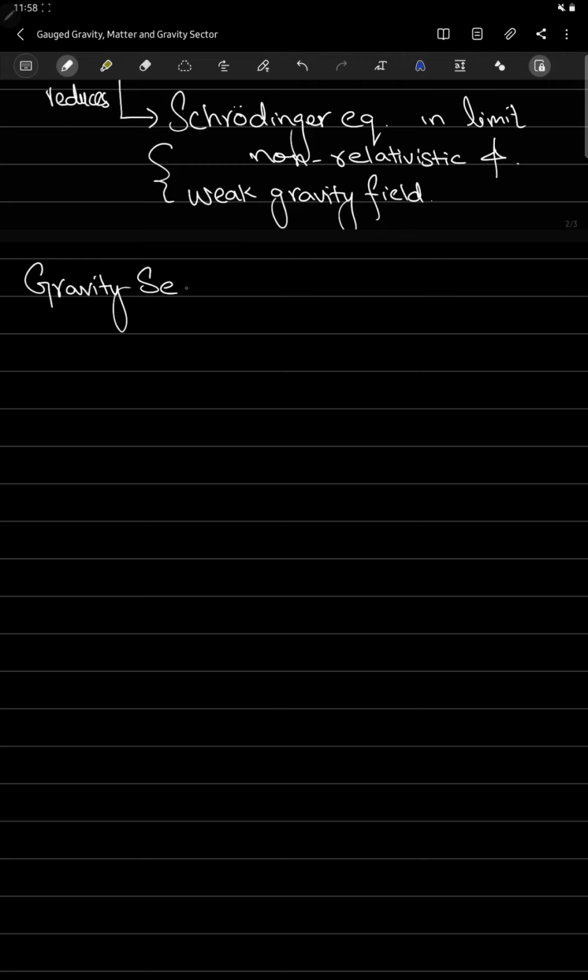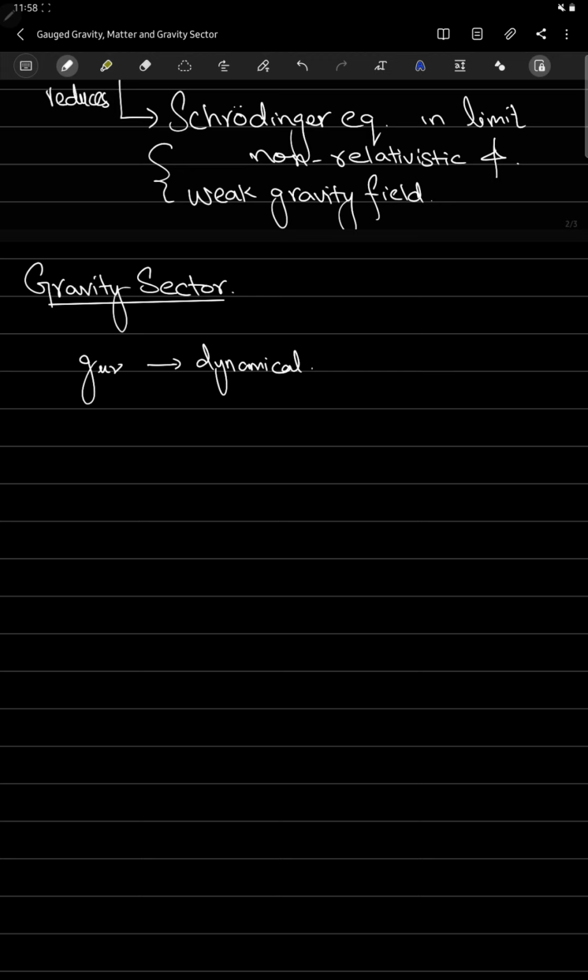So far I was talking about the matter sector. Now, if I have to give my field g mu nu some dynamics, if I have to make the field dynamical or allow the field to propagate, that's what we are going to talk about right now.